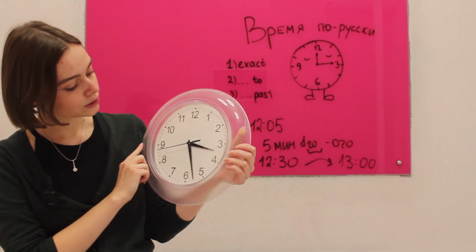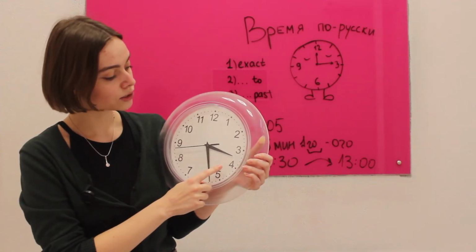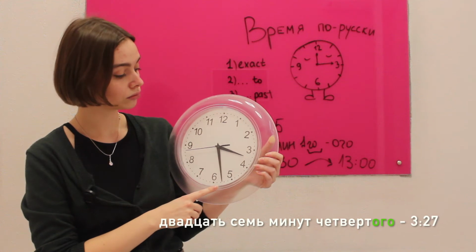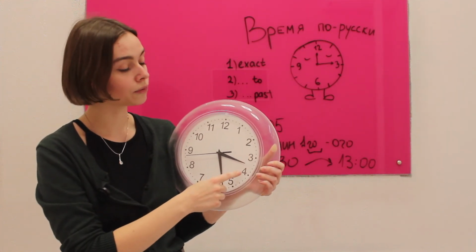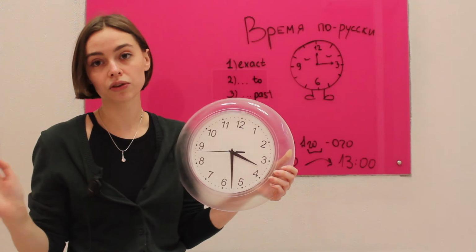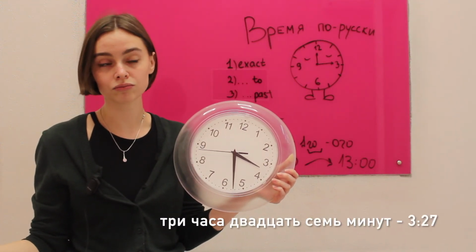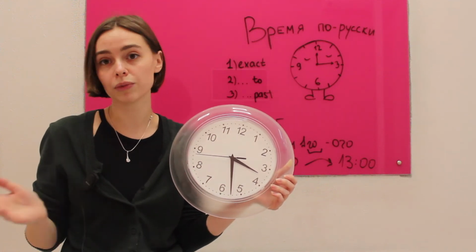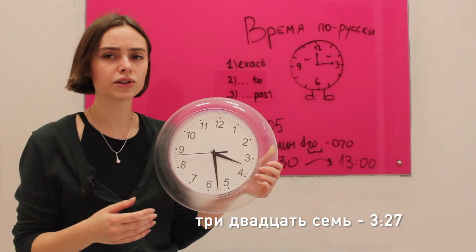And here it's 27 minutes past 3. So we're gonna say 27 минут четвертого. Again, we're talking about the next hour. Or we can just say 3:27, 3 часа 27 минут. Sometimes we can even drop the часов or minutes and say 3:27. Everybody's gonna understand that.